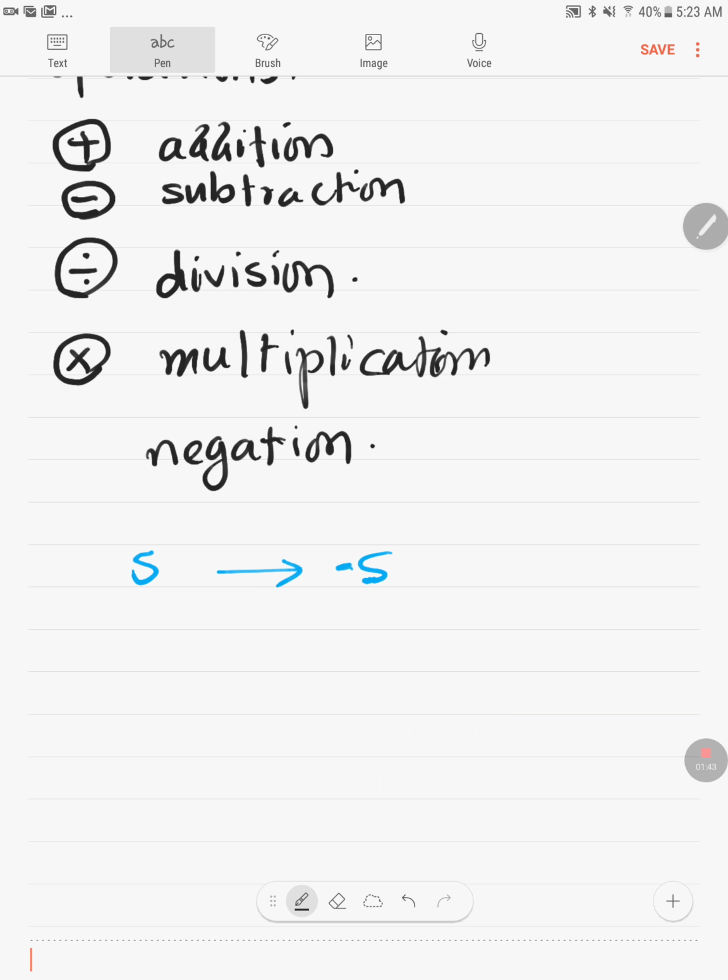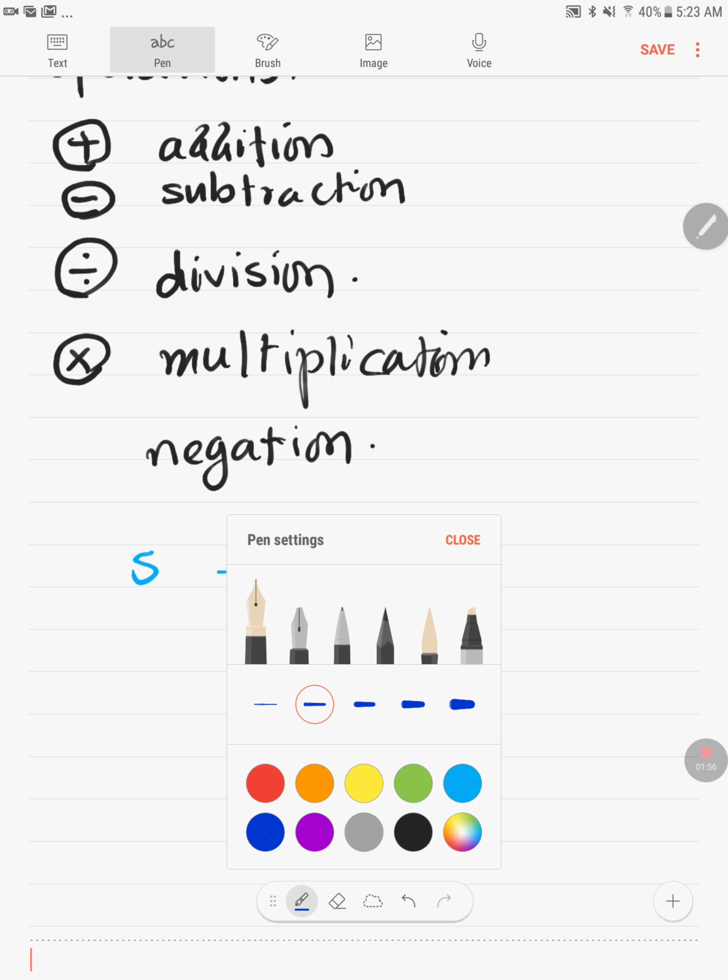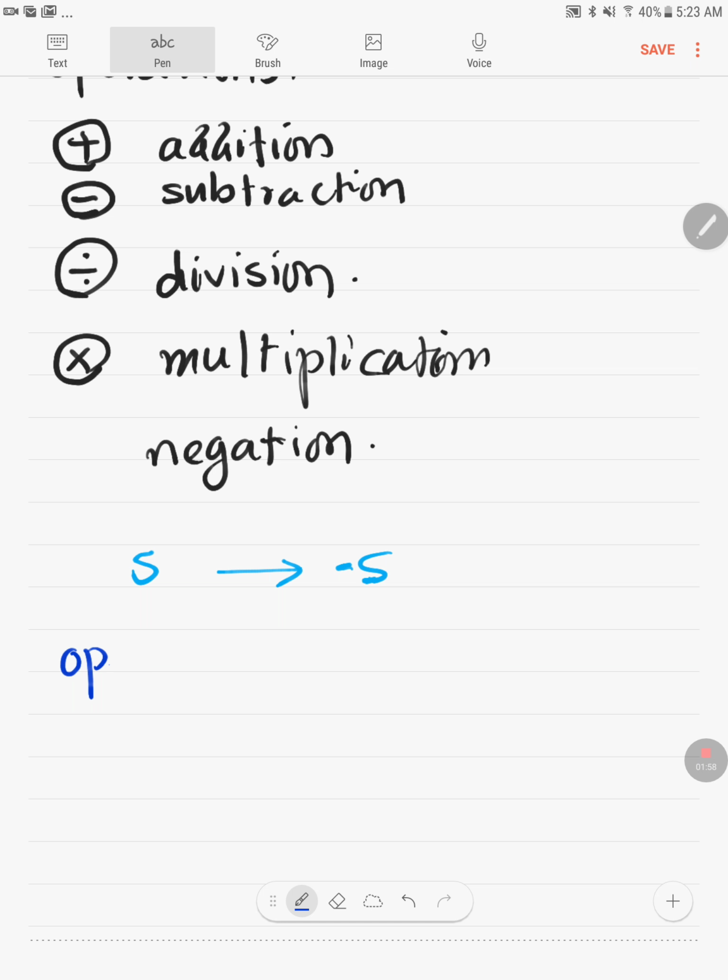Now, I will start with the rational numbers, which are fractions, applying operations to fractions. So fractions, as we all know from the first lesson, belong to the rational numbers.